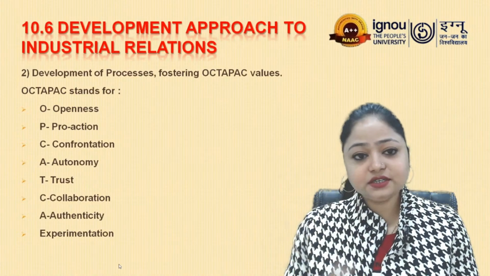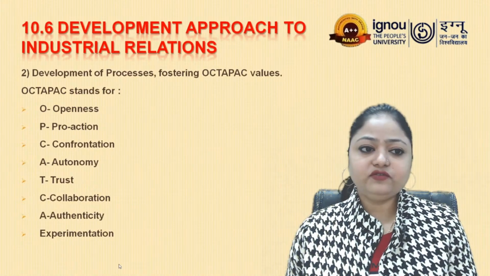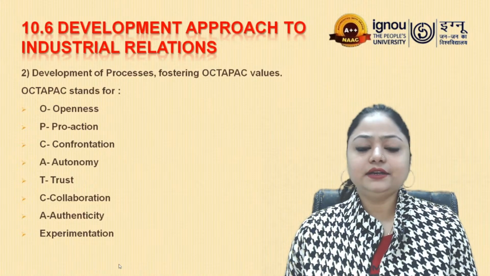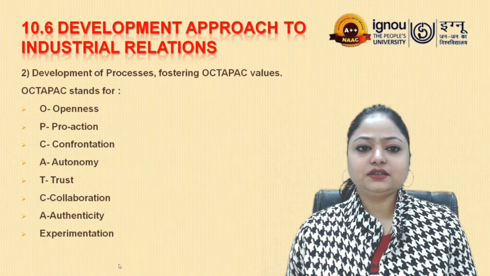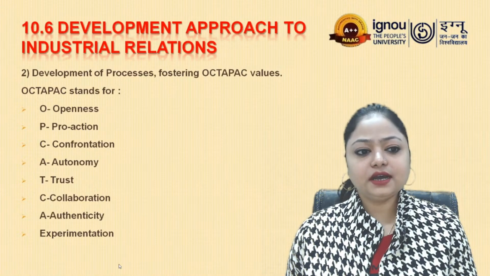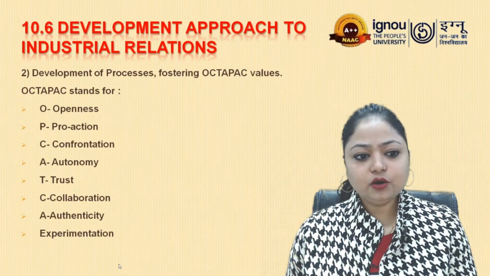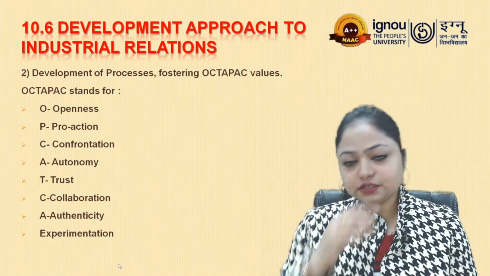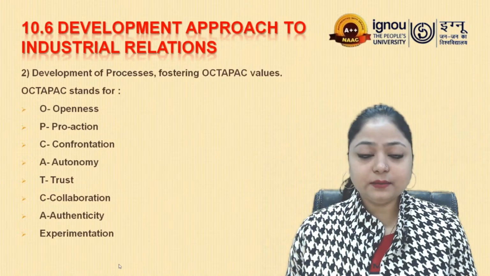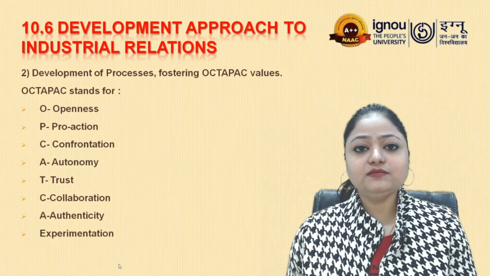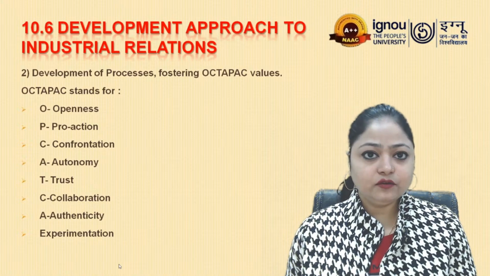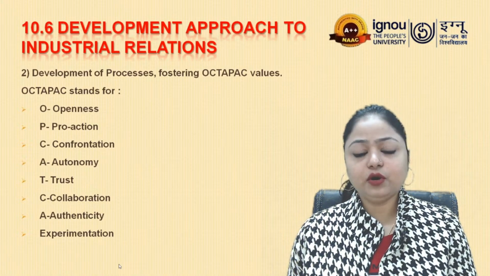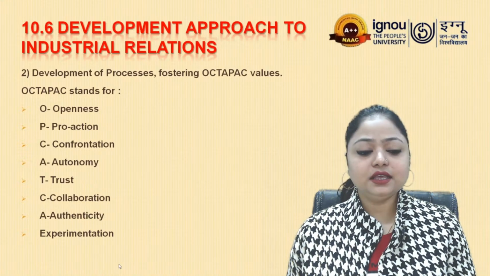Then confrontation is another value which can be added towards improvement or development of the entire industrial relations. Then autonomy, trust, collaboration, collaborative efforts among the teams and the organization, among the various agents or entities performing their roles in industrial relations.